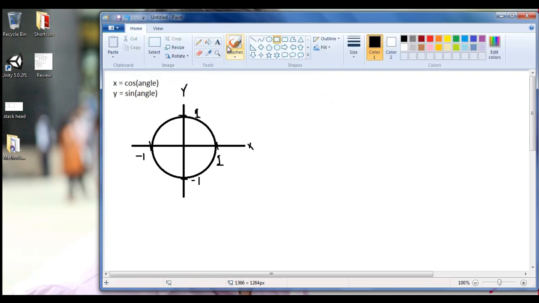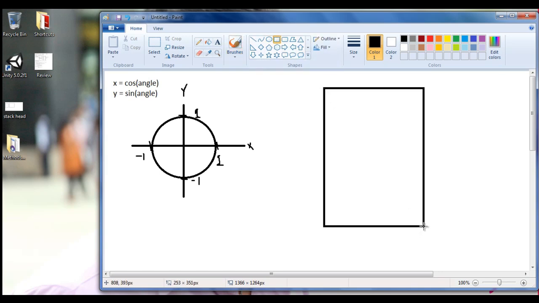Let us take an example where an object is at angle 0. Let me draw a table here. The table is going to contain the angle. Let us take the angle of 0. That is our theta, or angle.